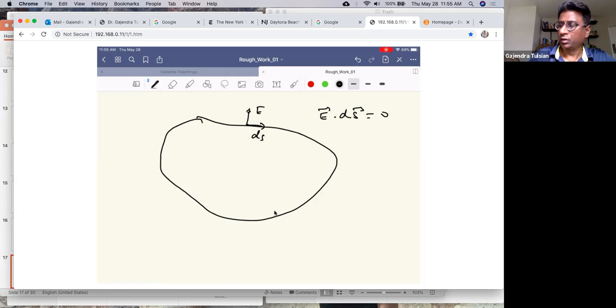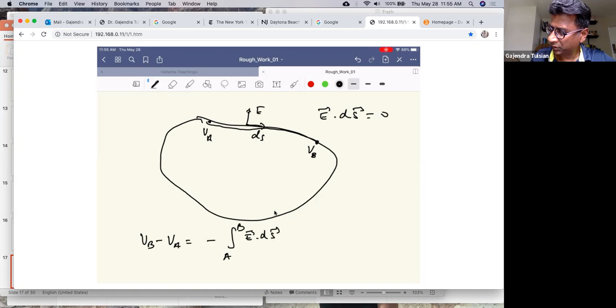Okay. So if you do the line integral along a path on the surface, VB minus VA is the line integral along that path, A to B, of E dot ds. And since this is 0, this is equal to 0, implying VB equals VA.